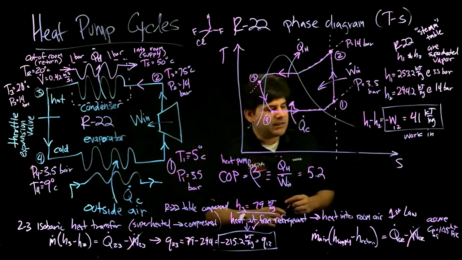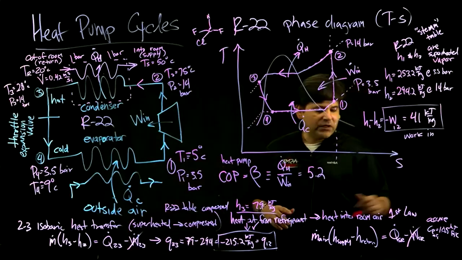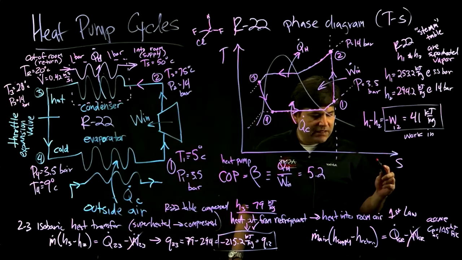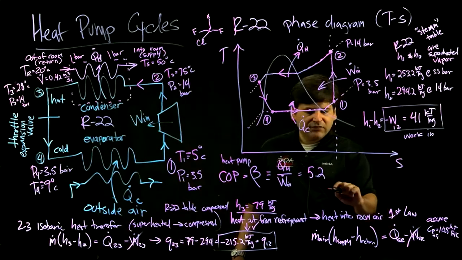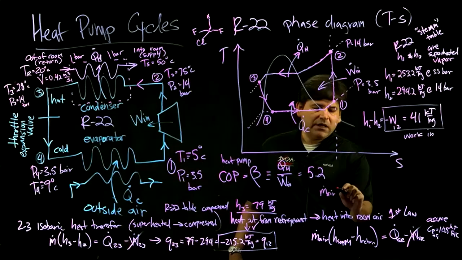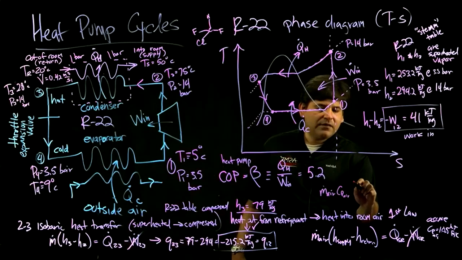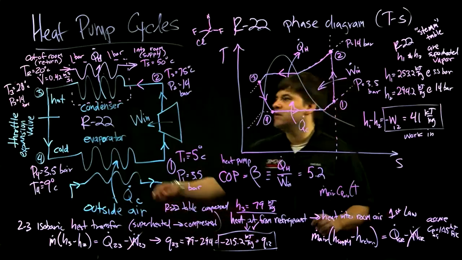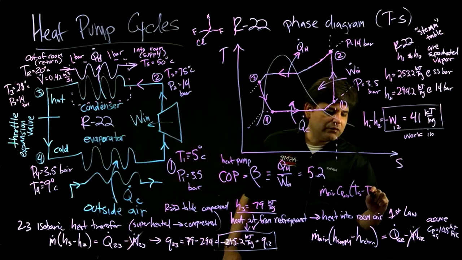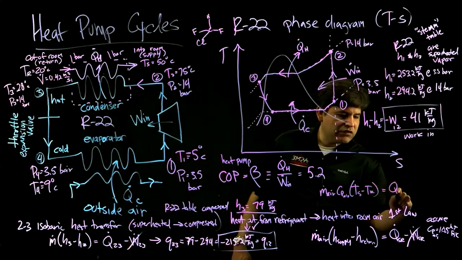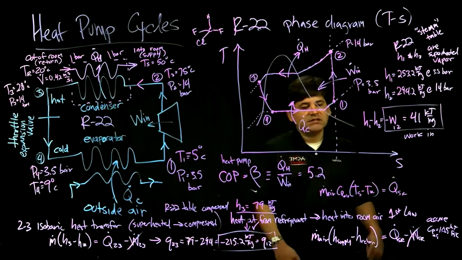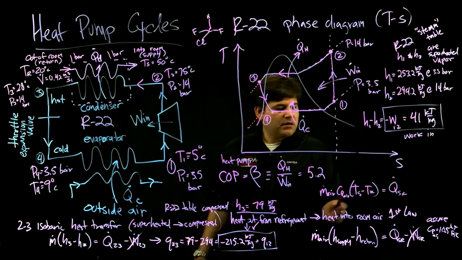You can treat the heat capacity as the 300 degree Kelvin value. So you can even say that the mass flow rate of air times the Cp of air times the temperature difference, delta T, from supply to room equals QSR. And that should be positive because the supply is hotter.